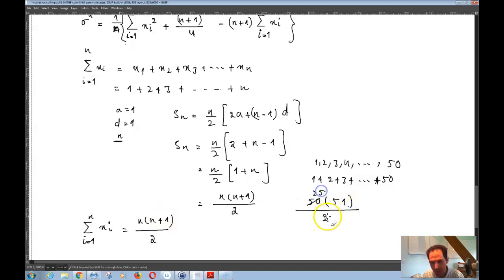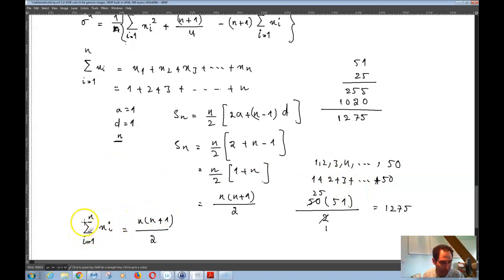That's 25 times 51, which is 1275. So the sum of the first natural numbers from 1 to 50 is 1275. That's what you can call sigma x of i raised to the first power.